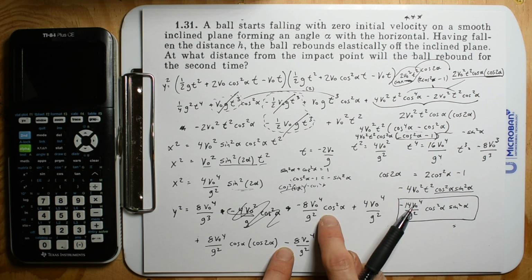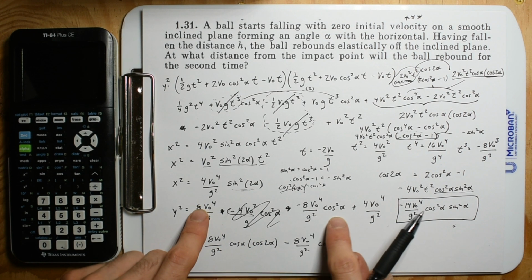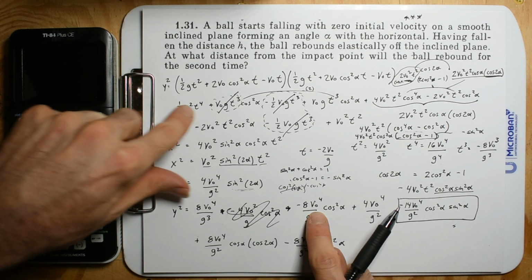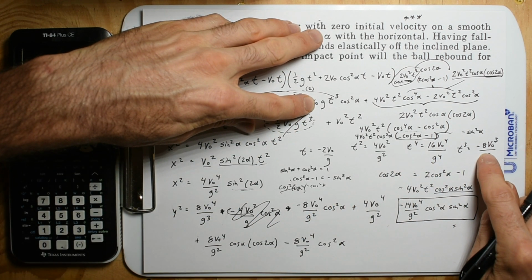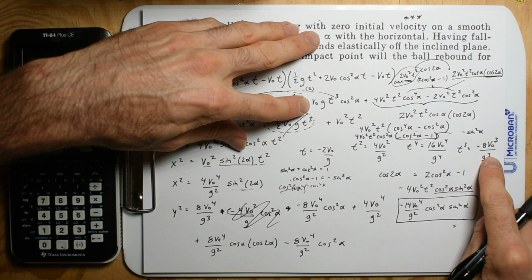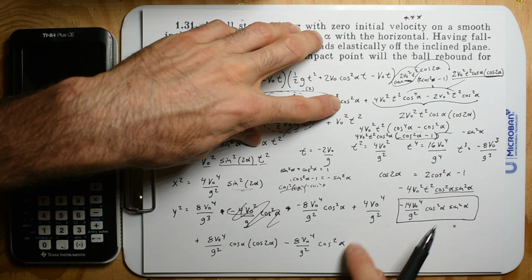And let's just check on reality. This was the first term. We came to here. I think this was the second term. We had negative 8 v naught to the 4th divided by g squared cosine squared alpha.